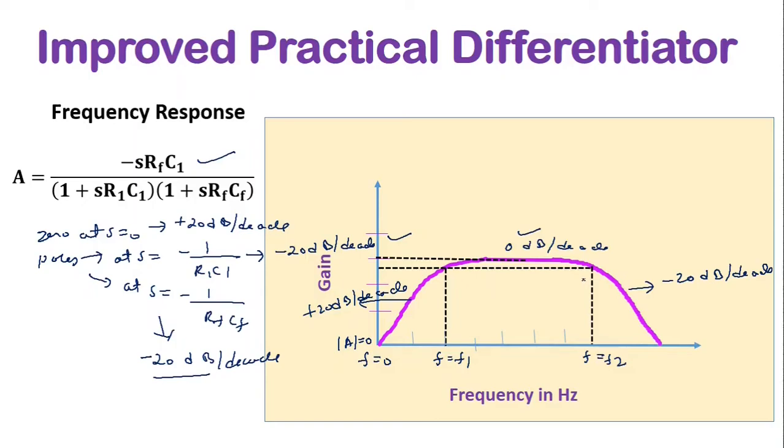So here one pole is added in the transfer function because of the capacitor CF. When we use the capacitor CF in parallel with the resistance RF, then one pole is added at this frequency f is equal to f2, and because of this the bandwidth of the improved practical differentiator is limited to a finite value.